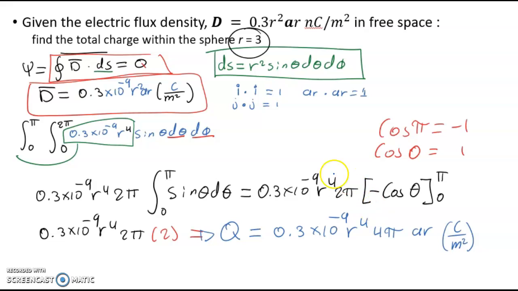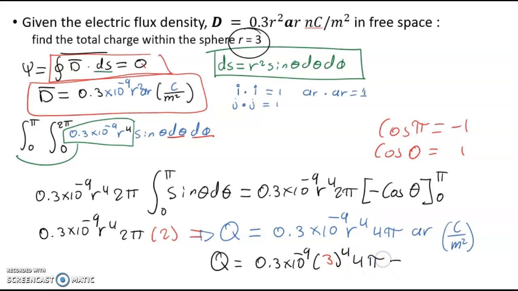Now, if we want to know it at a specific radius, we just replace it. So this charge will be 0.3 times 10 to the minus 9 times 3 to the fourth, times 4 pi.